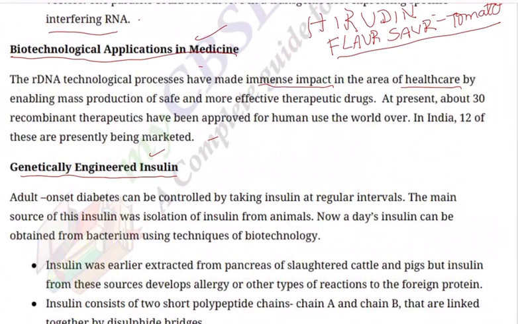Now, basically, we are talking about insulin, and in human beings, insulin is secreted naturally by the pancreas. In times of the pancreas not functioning properly as expected, there will be insulin deficiency.